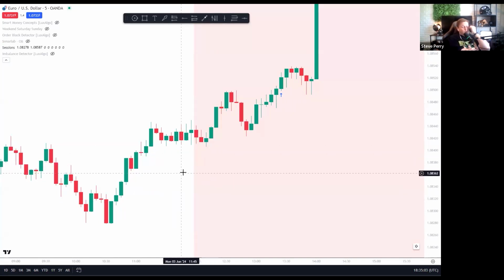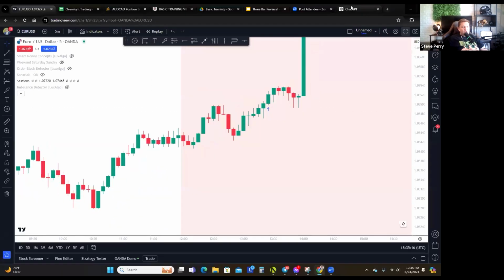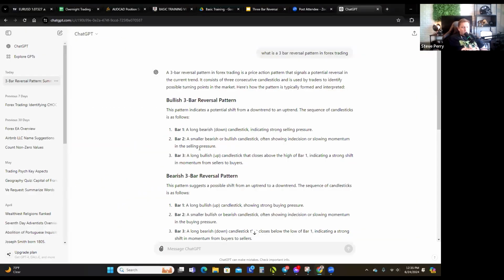But I guess this would work, like it would work fine. Some of these would work fine if you follow the ChatGPT version right here, because with ChatGPT, bar two can be a smaller bearish or bullish candle.